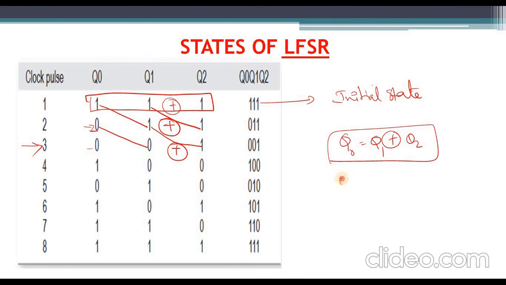For same inputs we get 0, and for different inputs we get 1. That is the XOR operation, so 0 XOR 1 is 1. Then this 0 transfers to this side. In this way you can obtain the states of this particular LFSR.